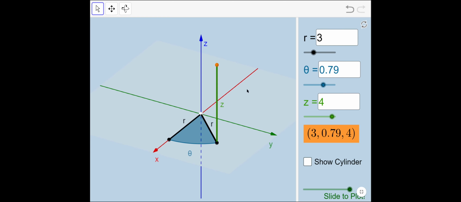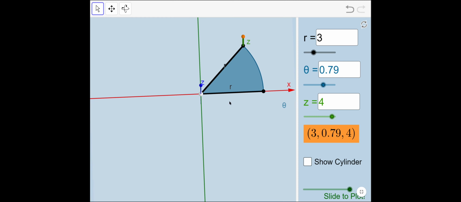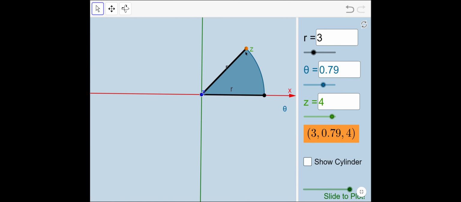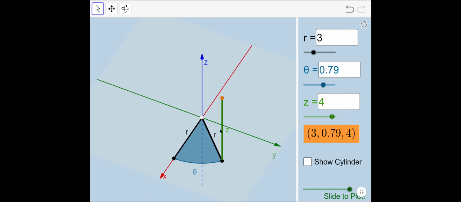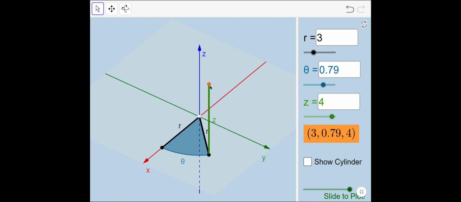For the x, if I project this point down onto the xy plane and drop a perpendicular, the x coordinate would be over here, and the y coordinate would be over here. This really shouldn't be anything new. Given x, y, and z coordinates, you should be able to plot a point.